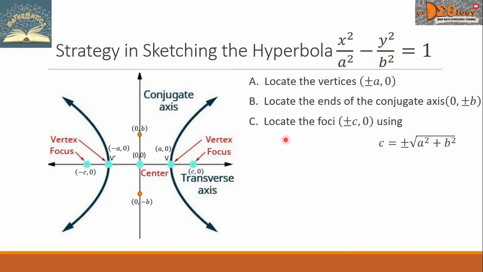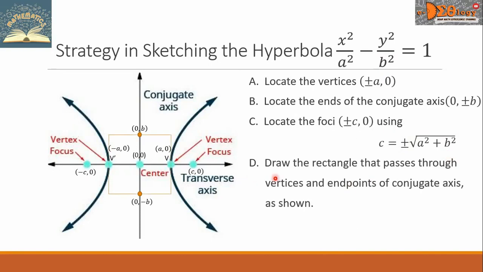Next is to locate the foci. The coordinates will be plus or minus c, 0. Using this formula to find c: c equals plus or minus the square root of the quantity a squared plus b squared.